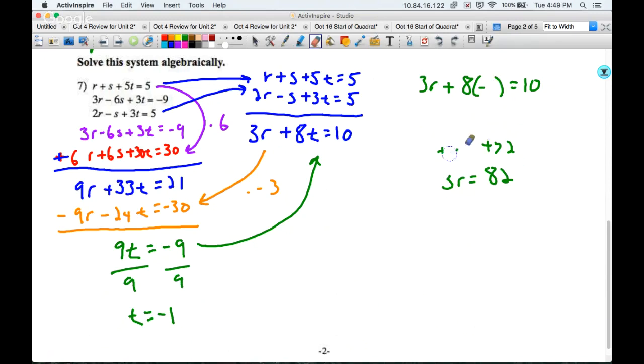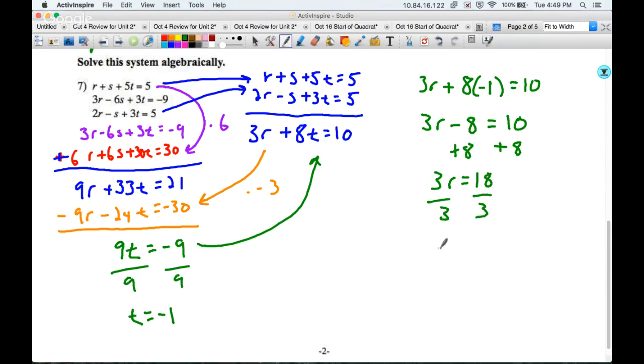Right there, this can give us a much different answer. We get 3r minus 8 equals 10. Add 8, add 8. 3r equals 18. Divide by 3, divide by 3. R equals 6.